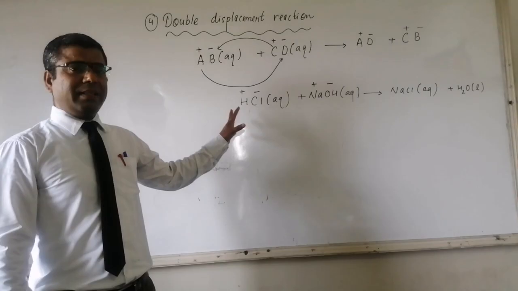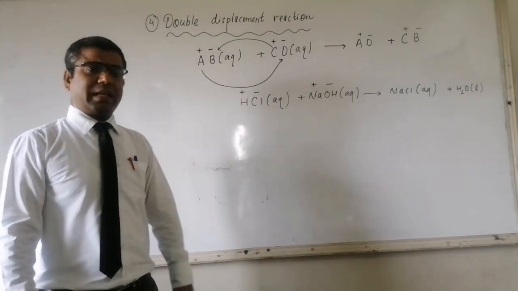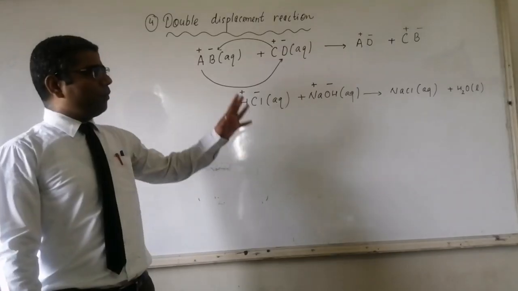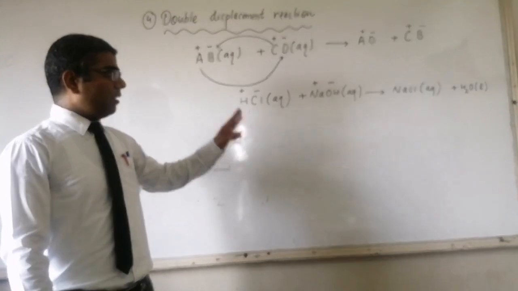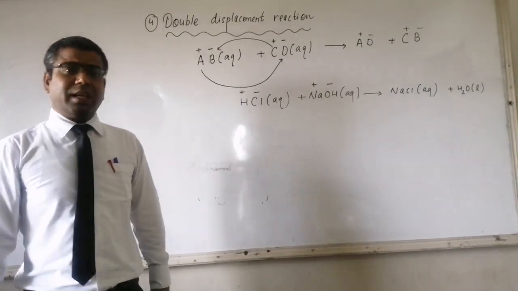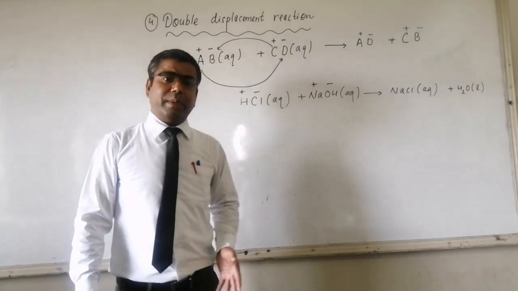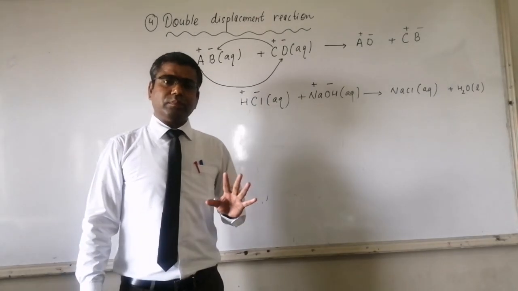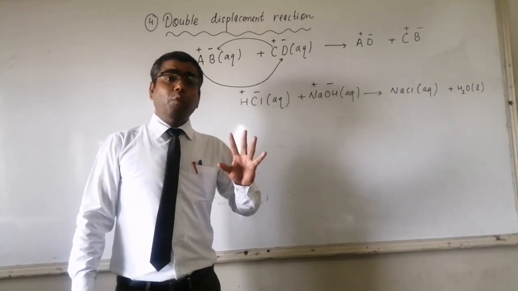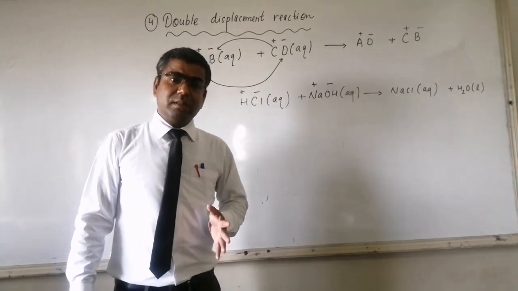So hydrochloric acid is made to react with sodium hydroxide, a basic compound, to form salt, NaCl, and water. It is a type of double displacement reaction, and in double displacement it is a type of neutralization reaction. So what are neutralization reactions?